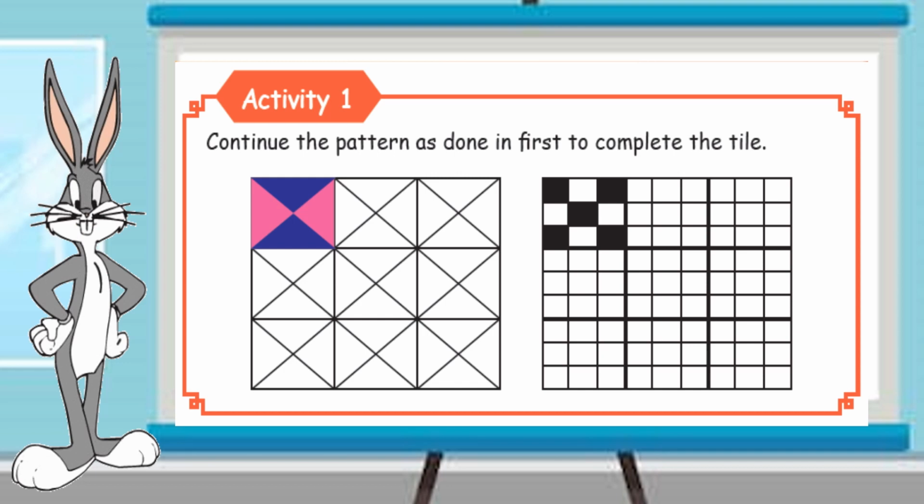An activity was given. Hope you enjoy this. Continue the pattern as done in the first to complete the tile. See here, the first is given, for example. Like that we are going to fill all the tiles, right? Like this. At the top and bottom I filled with the blue color, and the left side and right side we have to fill with pink color.